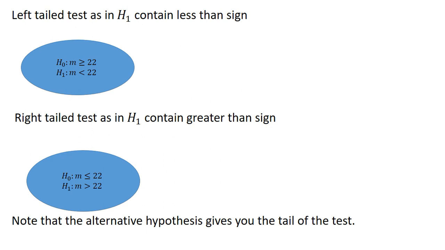Look, when it is H0, there is an equal sign, and that setup is called a left-tailed test. And if I set H1 as mu greater than 22 and H0 as mu less than or equal to 22, that setup is a right-tailed test. Why is it left? Because of the alternative hypothesis, mu less than 22. And why is it right? It is also because of H1, mu greater than 22.